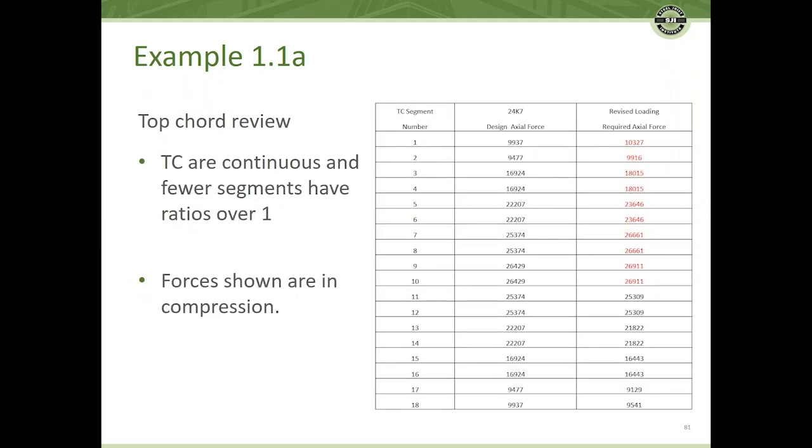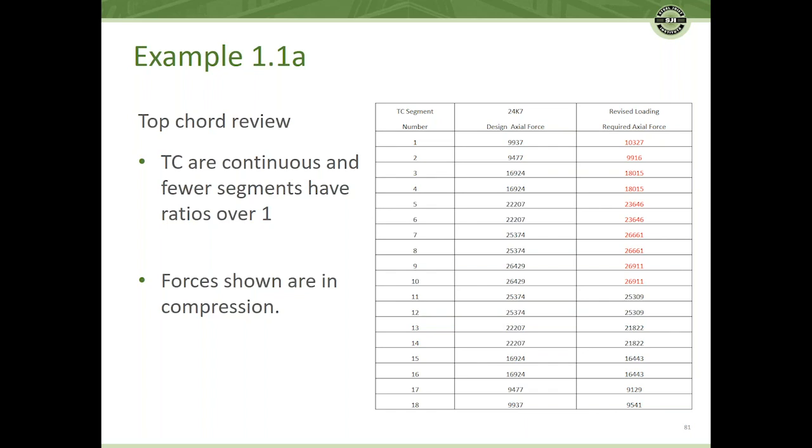So now we look at the actual loading, and you can see that the delta, or the difference between the actual load and the revised load, is much closer.